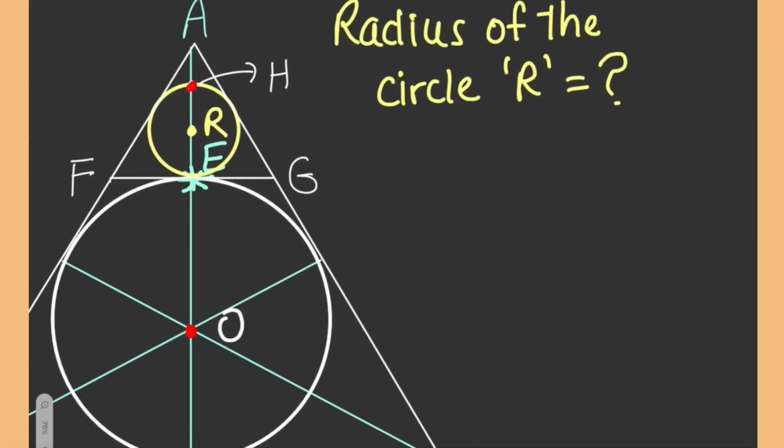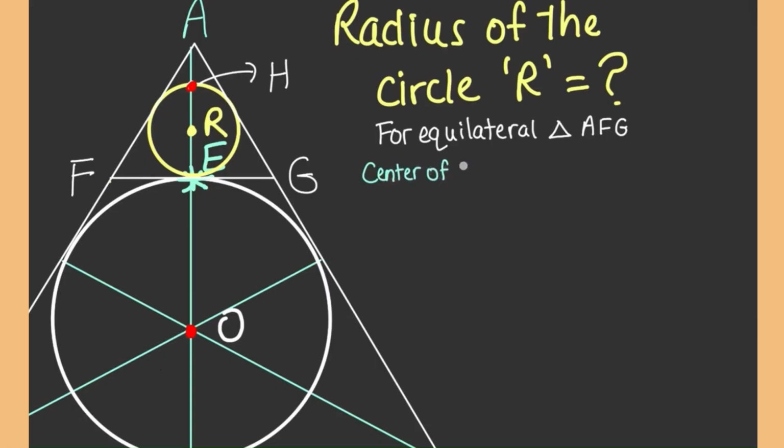We're saying that for the equilateral triangle AFG, the center of the circle R, which is inscribed inside this triangle, is the same as the center of the triangle AFG.